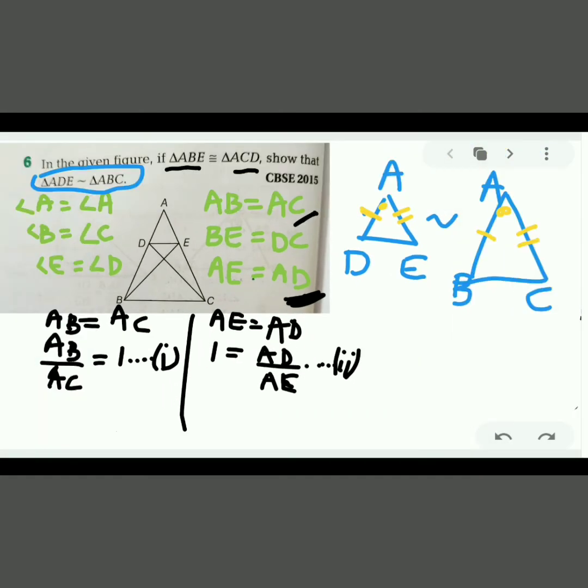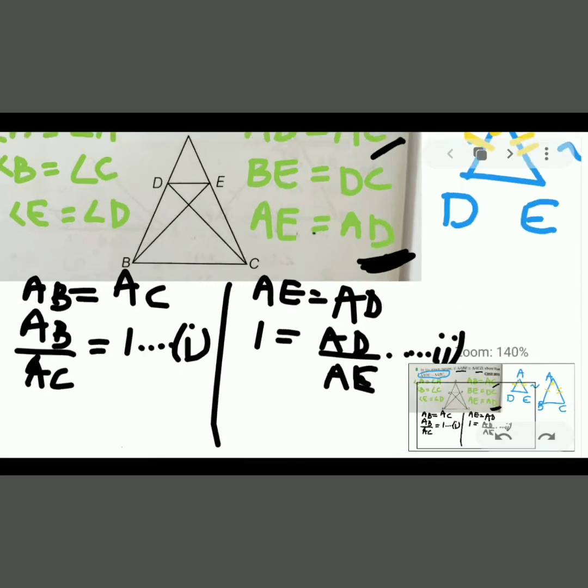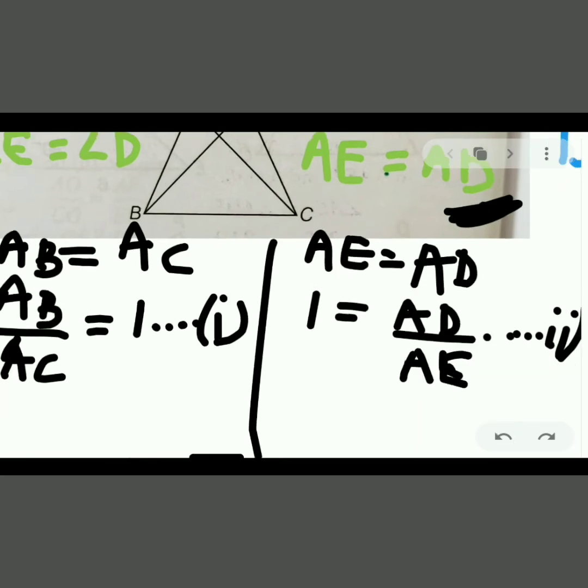So from condition 1 and condition 2, this one is equal to this one, so we can directly write AB by AC is equal to AD by AE. So let us compare equation 1 and 2.